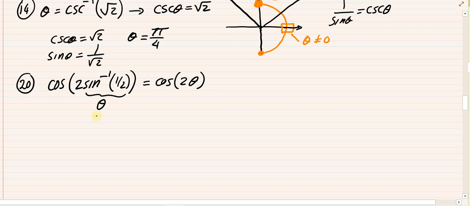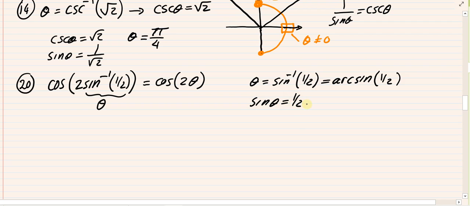So if I let theta be sine inverse of 1/2, or again some call it the arc sine of 1/2, then by definition of inverse, sine theta has to be 1/2. If you think about your unit circle, sine is 1/2 for pi over 6 and 5 pi over 6.